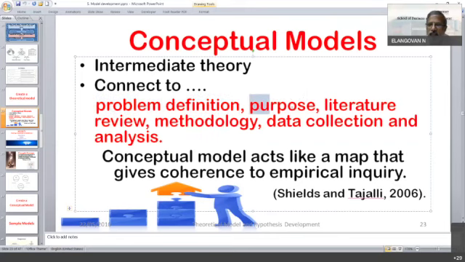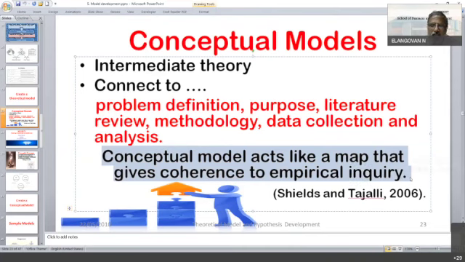This conceptual model, whatever you develop, will help you to define the problem, mention the purpose of the research, do the review of literature, specify the methodology, collect the data, and do the analysis. That is why a conceptual model acts like a map that gives coherence to the empirical inquiry.